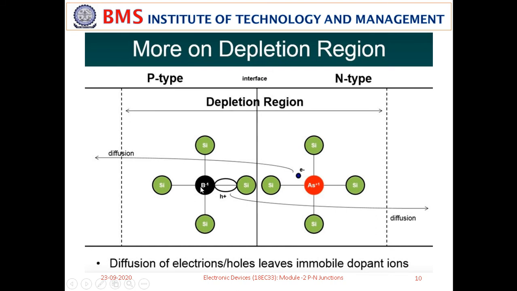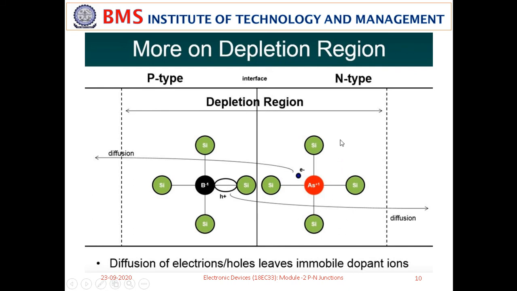So, it has given a hole here, and this has become negatively charged. Now, in the complete p type material you can see holes as many as possible, and in the complete n type material you will see electrons in the conduction band as many as possible. The holes will be in the valence band, of course.